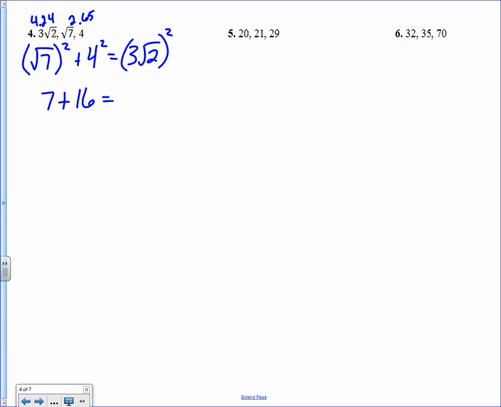So a few things about this, we can look at a few different ways. One of them is that we can say that this is the same as 3 squared times root 2 squared, right?